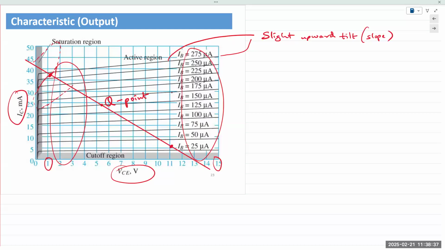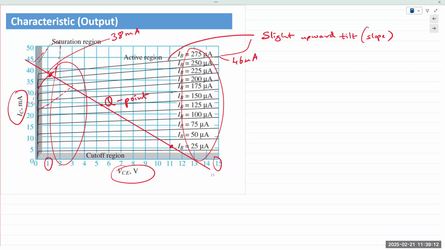So let's say at 1 volt it's about 35, 36, 37, maybe 38 milliamps. What do you all think? At 1 volt VCE, approximately 38 milliamps, right? And then at 15 volts, it would be about 45 and a half or 46. A difference of about 8 milliamps.